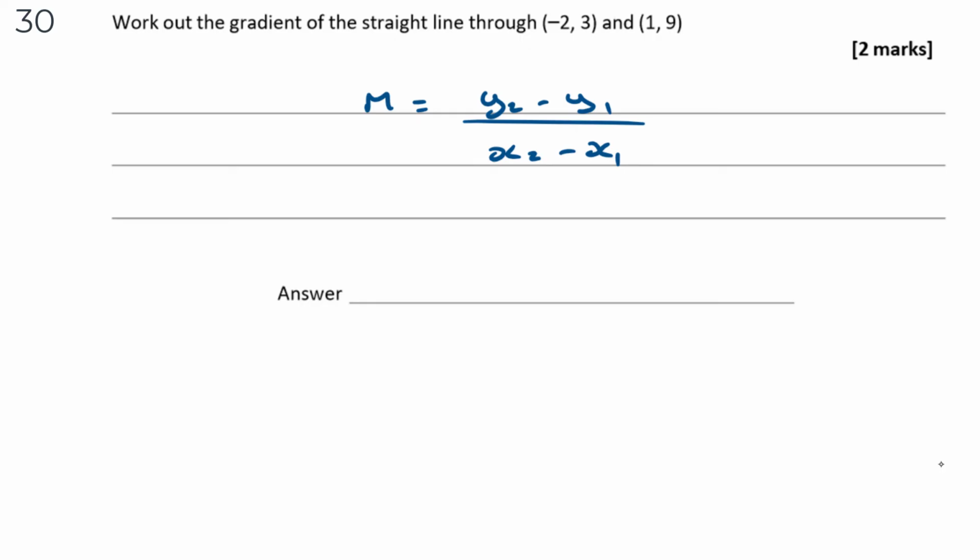Well, the first coordinate has values x1, y1, and the second coordinate has values x2, y2. So y2 is going to be that second value, the 9. y1 is that value there, the 3. x2 is the 1. And x1 is the -2.